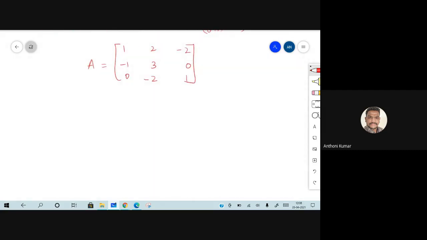What is the first step? First and foremost step, what is that? We need to find out whether inverse exists or not. For that, we need to know the determinant of A. Find out determinant of A by expanding C1 wise. Tell me what is the determinant value by expanding C1.